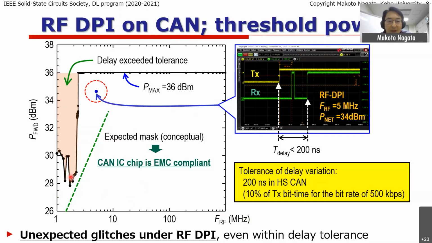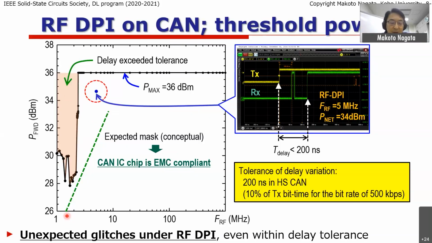Sometimes the wireline connections will be broken because of the incoming RF disturbance on the cables of the CAN. But we have some compliance or some regulations for the CAN IC chip to be resilient to the incoming power.